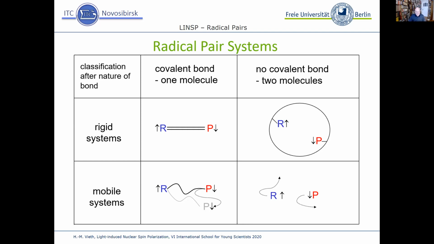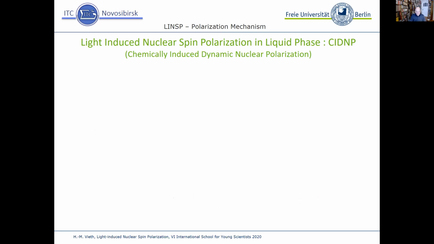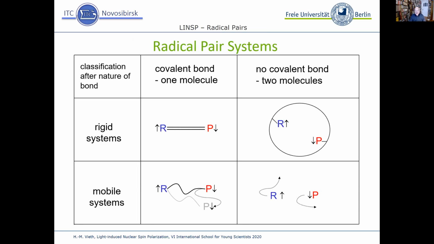In the rigid systems, it can be done between 2 non-covalently bonded parts in the 2 molecules in the solid matrix, as it was done in the phenazine-anthracene system, which is shown on the right-hand side.